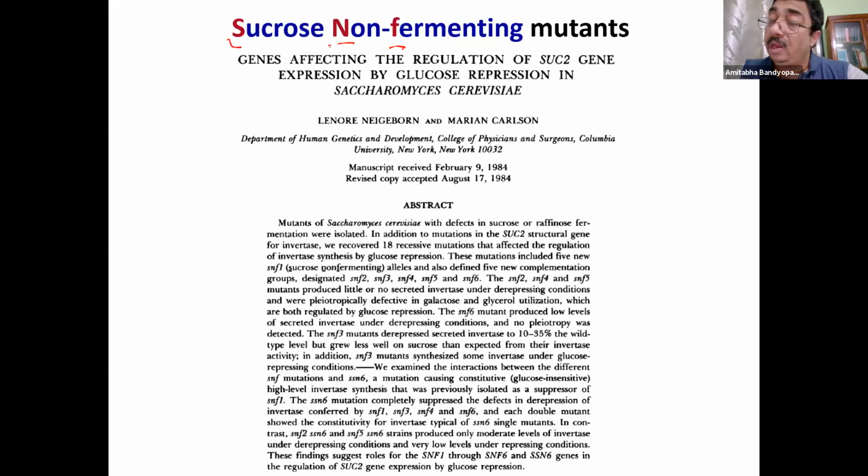So in all the three cases, like SWI and SNF, switch and SNF, okay, these are specific cellular events where selective transcription or transcriptional induction is critically important. Okay, and there were genes which, if mutated, this process is blocked.